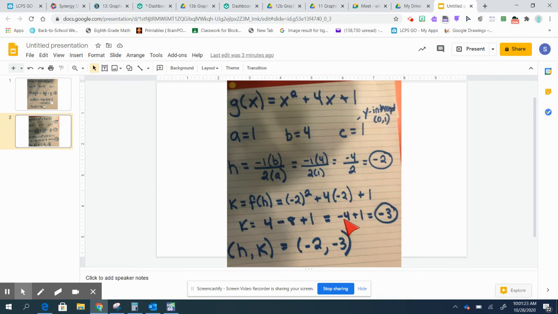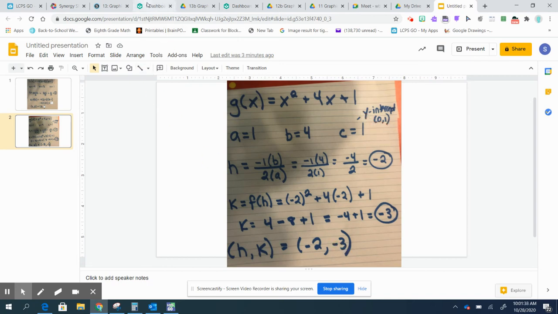So we have -4 plus 1, and we end up with -3. So our H, K is -2, -3, and our graph crosses the y-axis at 0, 1.